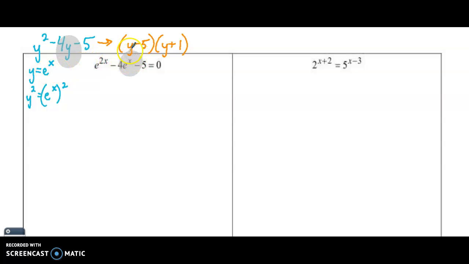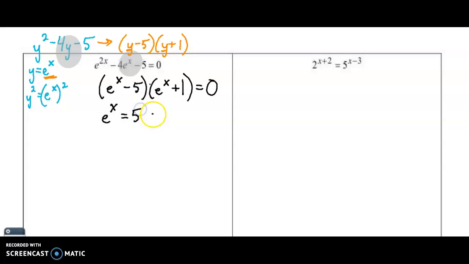And the only thing is, instead of having y's, we have e to the x's. So this is the same thing as e to the x minus 5, e to the x plus 1. And just like when we did the zero product property before, we can say that e to the x equals 5 or e to the x equals negative 1. And now we can solve for x by taking the natural log.